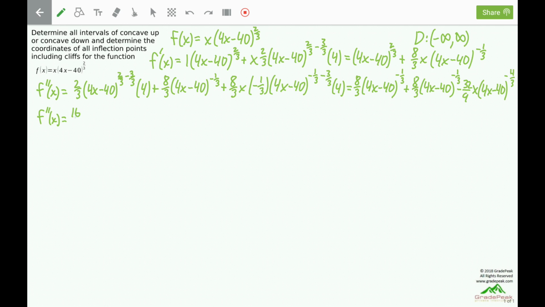So we have a 16/3, (4x minus 40) to the negative 1/3 power, and minus 32/9 x times (4x minus 40) to the negative 4/3 power.